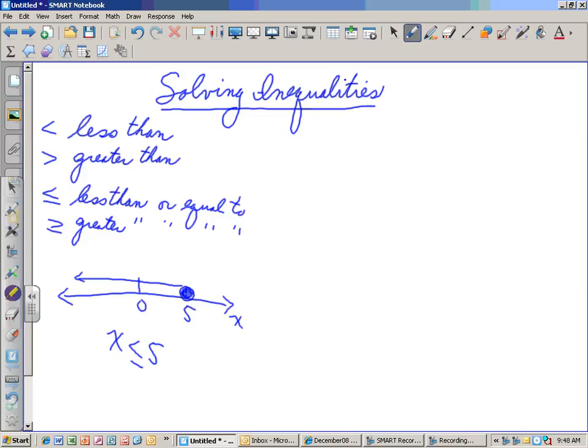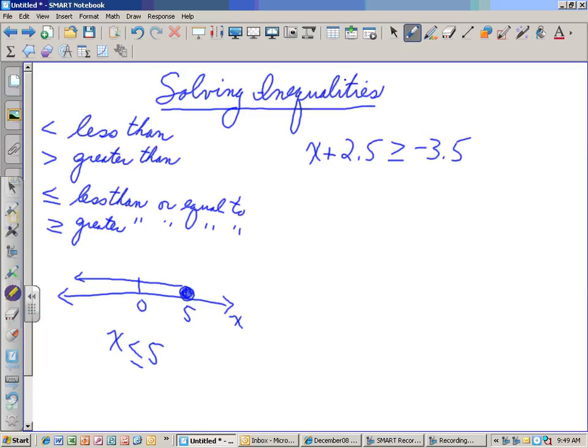So let's try a couple of simple equations. Let's try an equation where it says x plus 2.5 is greater than or equal to, well, let's say negative 3.5. And this is not any different than solving a regular equation. And how would you solve a regular equation?